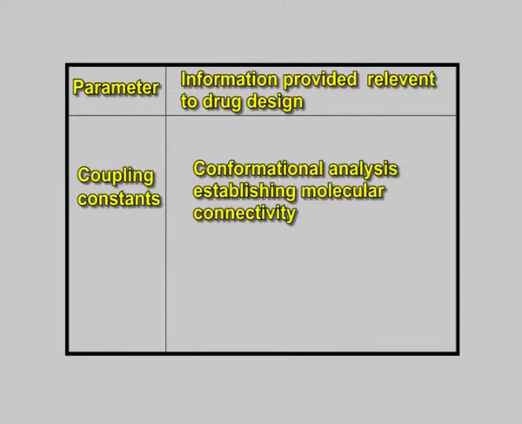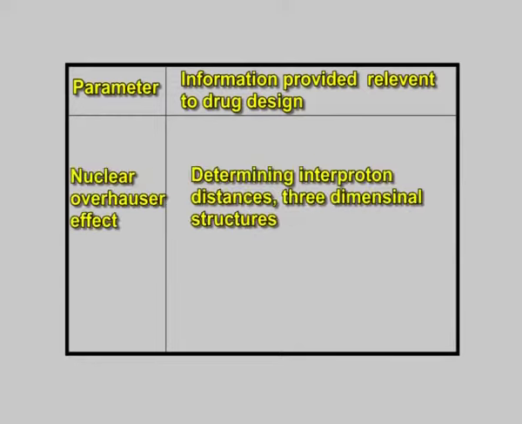Second is coupling constant and is used in conformational analysis and in establishing molecular connectivity. Third one is nuclear Overhauser effect, which can be used in determining interproton distance and three-dimensional structure.